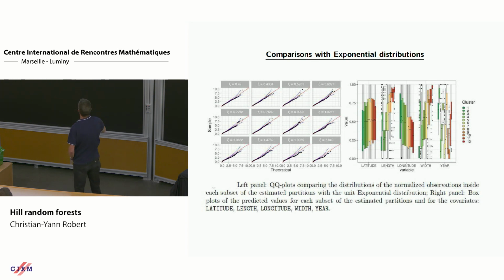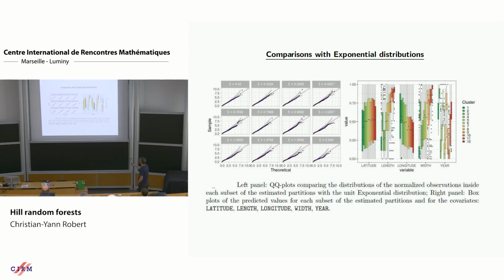And on the other graph, you have some box plots for each of the covariates. So you consider the 12 clusters, and you have the box plots for each cluster of each covariate. Okay, so you can see here that the latitude and the longitude are very relevant features to explain this tail index. You have a clear increasing or decreasing shape.